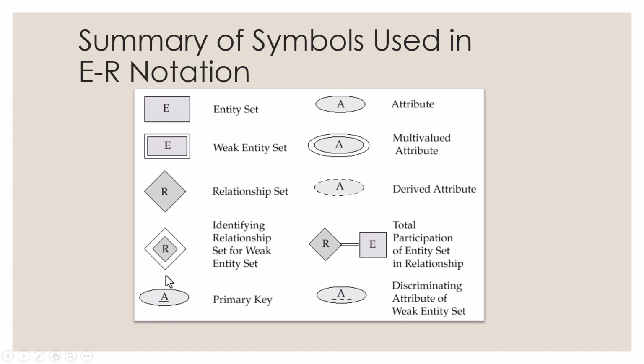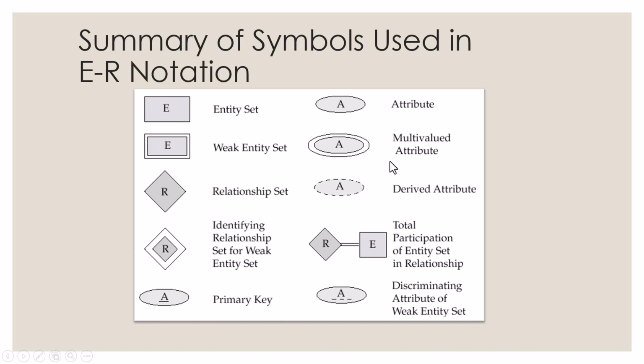If an entity set does not have a primary key, meaning it doesn't have an attribute that is strong enough, there's nothing unique, then it's going to be a double rectangle, indicating that it's a weak entity set. If a relationship is connected to a weak entity set, you also use a double diamond to indicate that.